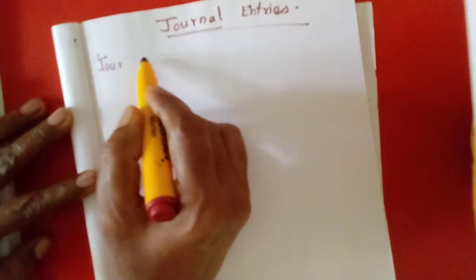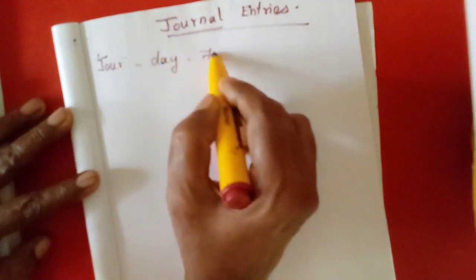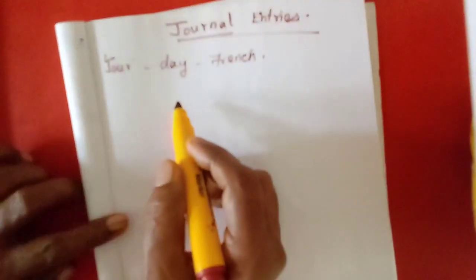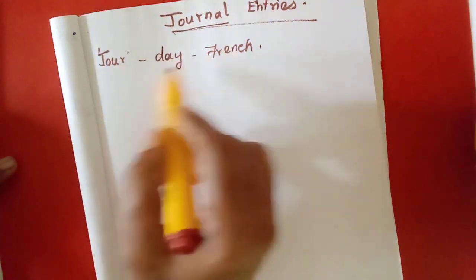This word journal comes from the word jour, which is in French. Okay, the word jour is in French, and the meaning of that word is day. So jour means day.